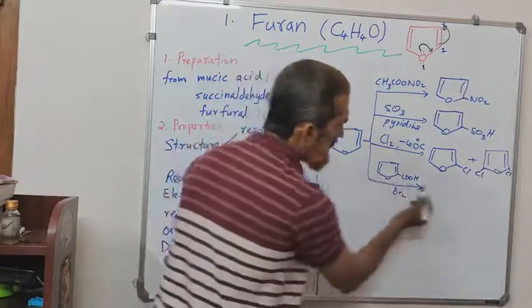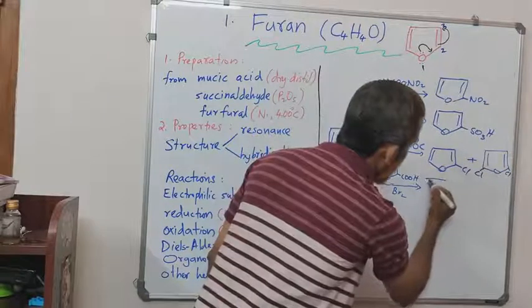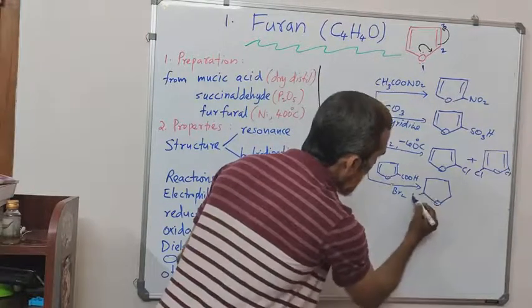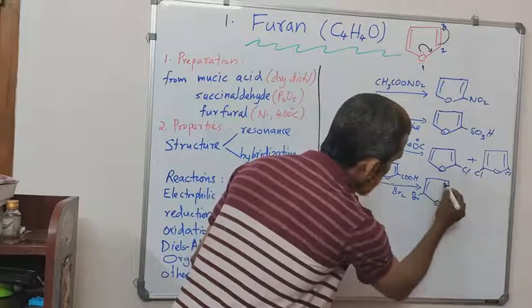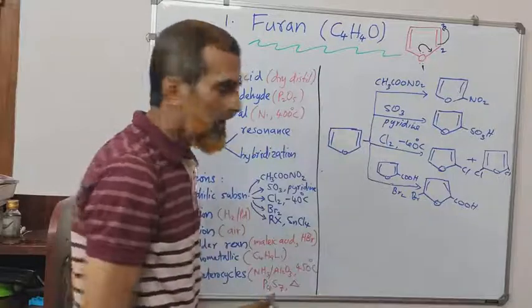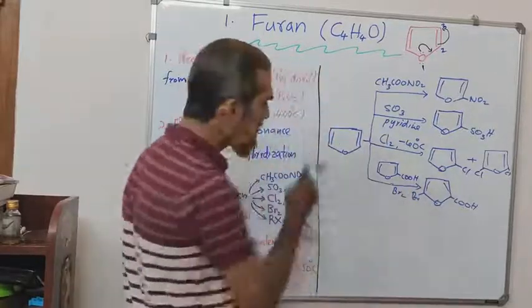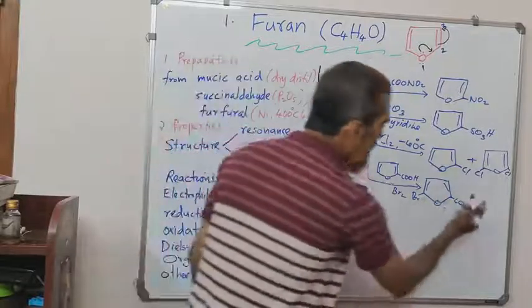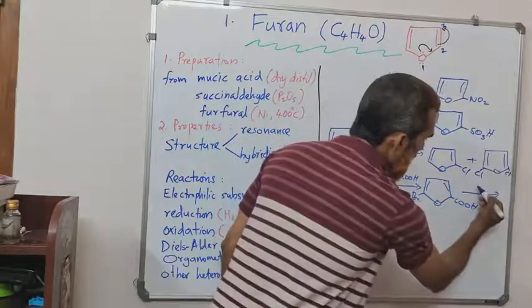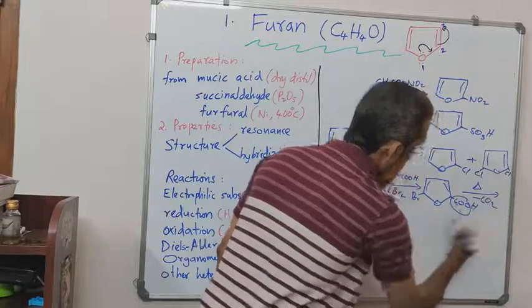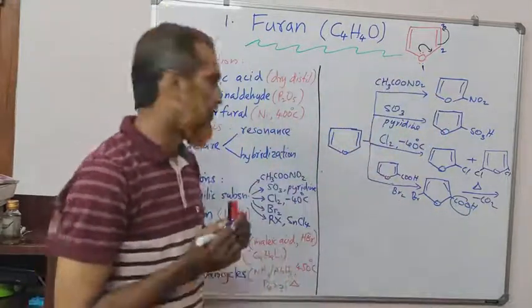Bromine will go to this position because this is blocked. So you get this 5-bromo furoic acid. Okay? Now what you do? You need only mono-bromo, 2-bromofuran. So what you do is you can heat it so that it will lose carbon dioxide and get 2-bromofuran.